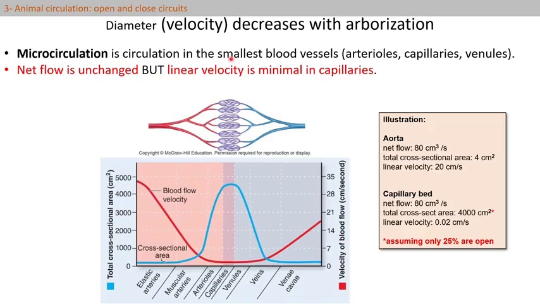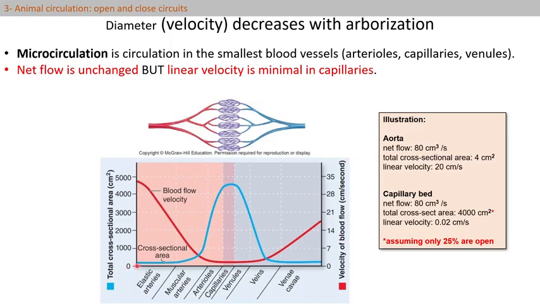But the linear velocity of the blood will change. Why? Because velocity depends on flow but also on surface area, and the surface area changes. The cross-sectional area changes.